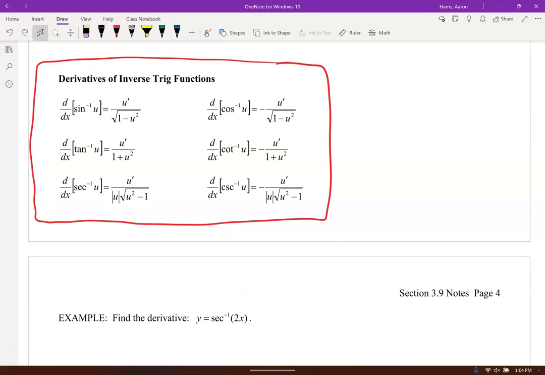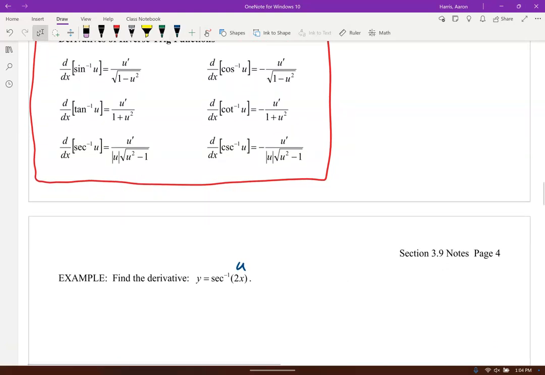The arc secant of 2x. Again, make sure you remember we're assuming x is positive. So the 2x, that's our u. We have y is the arc secant of 2x, and you just want to note we're letting u be 2x.